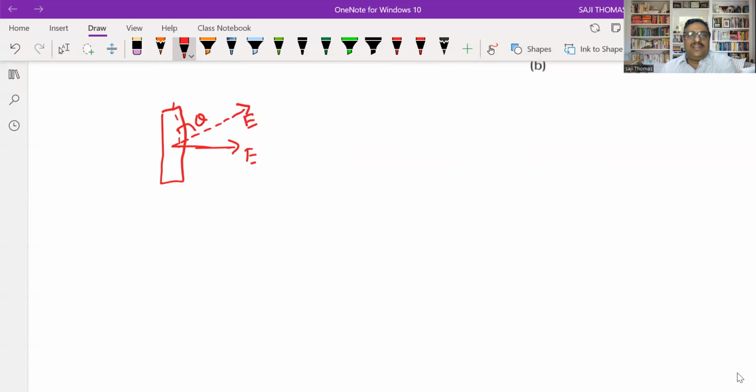Then this electric field you can resolve into two components. E cos theta along the y-axis and E sin theta along the x-axis. This component will make the charges move along the surface. But it is not possible because on an equipotential surface, potential difference is 0.